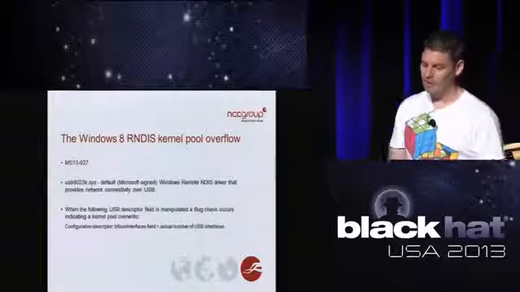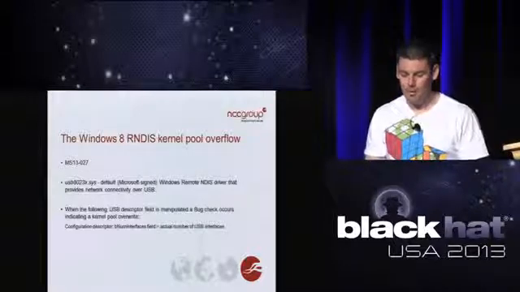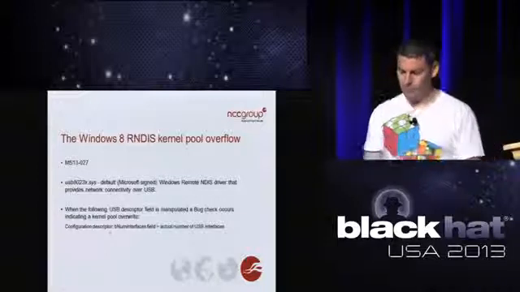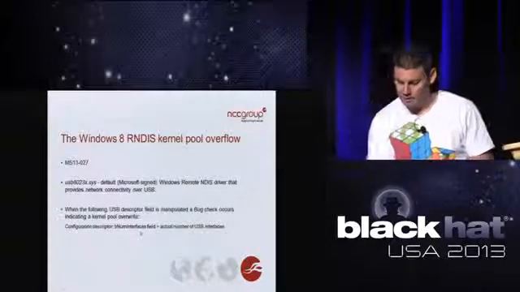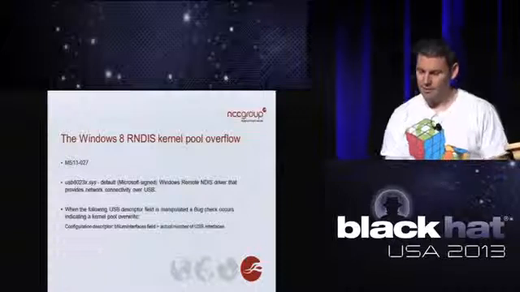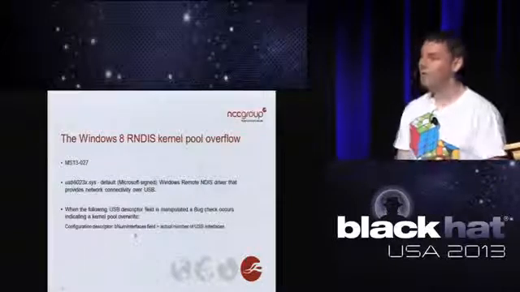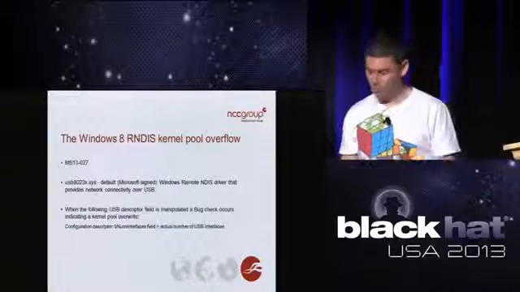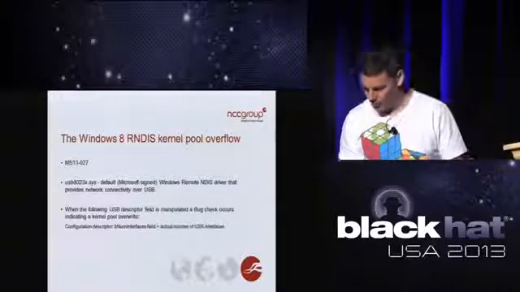And it uses this RNDIS protocol. So through mutation-based fuzzing, I discovered that there's a field within the configuration descriptor which talks about the number of interfaces. And if that number is actually greater than the actual number of interfaces, this kernel pool overflow occurs.